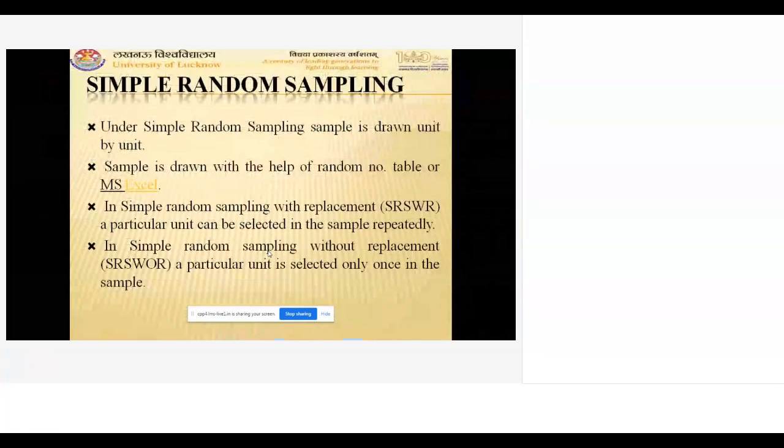In simple random sampling, there are two further methods called simple random sampling with replacement and simple random sampling without replacement. If a unit already selected in the sample is again put into the population for the selection of the next unit, then it is called simple random sampling with replacement. That means a unit can be selected in the sample a number of times.